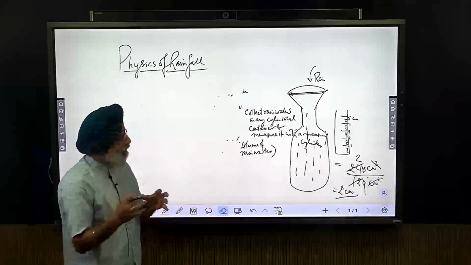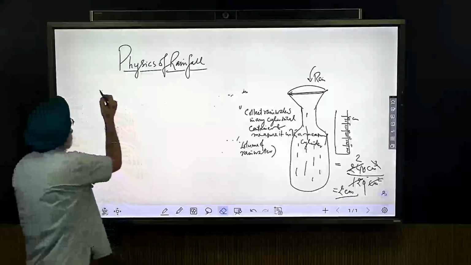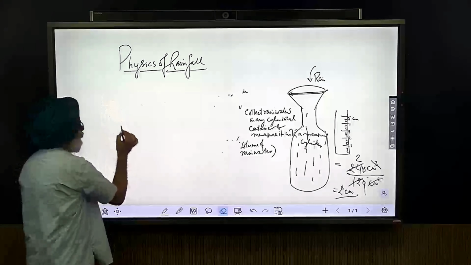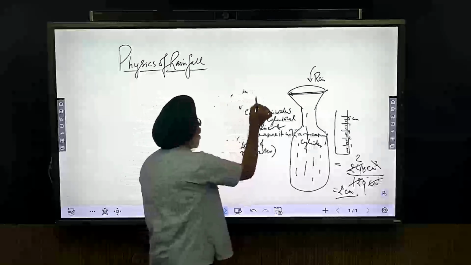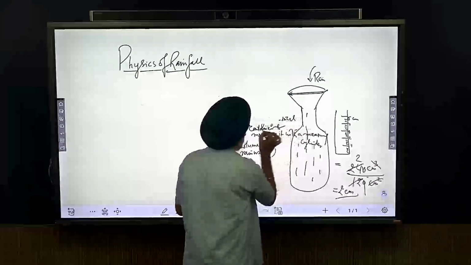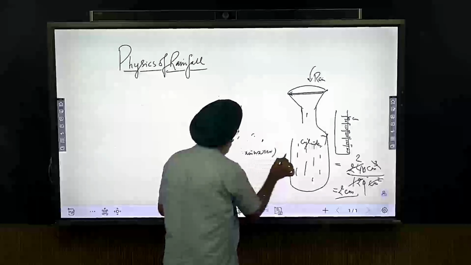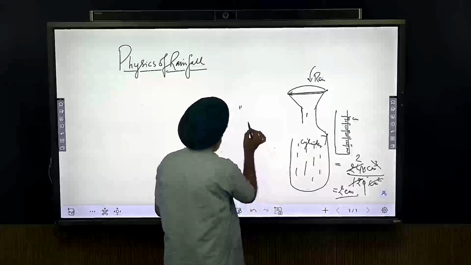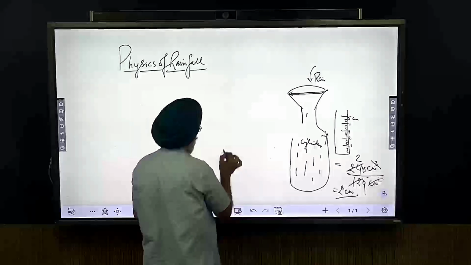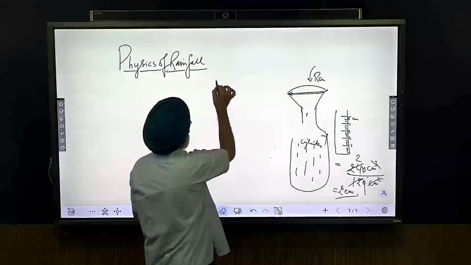But generally, in a broader sense, I will better draw a diagram over here. If rain distribution is spread throughout the year, that means every month you have some rain like this.